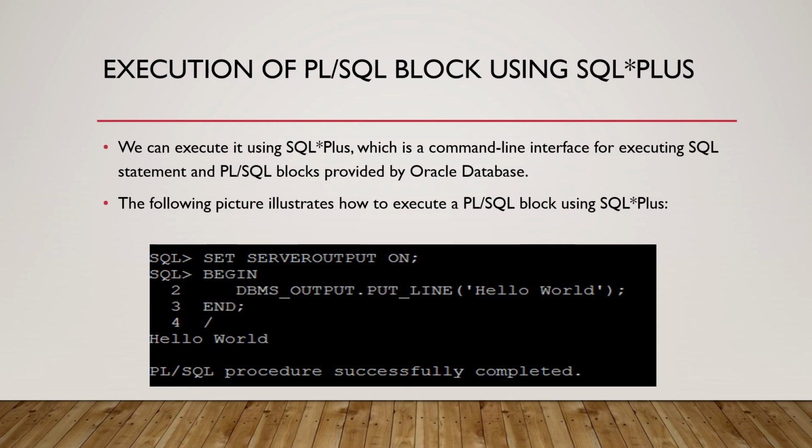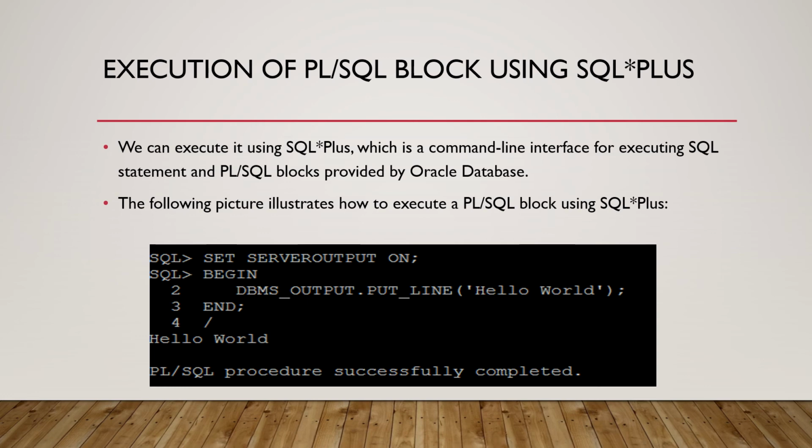Second, turn on the server output using the SET SERVEROUTPUT ON command so that the DBMS_OUTPUT.PUT_LINE procedure will display the text on the screen. Without setting it on, you cannot display any statement on the screen.